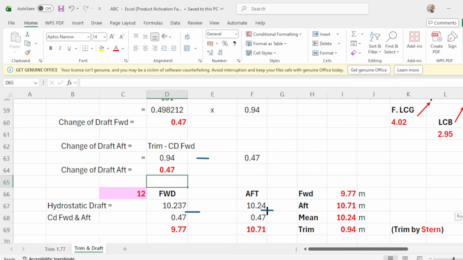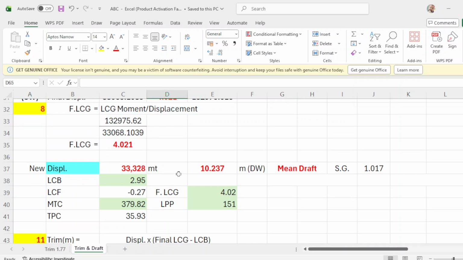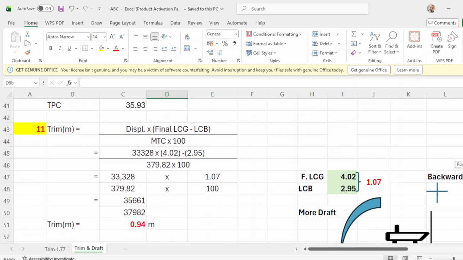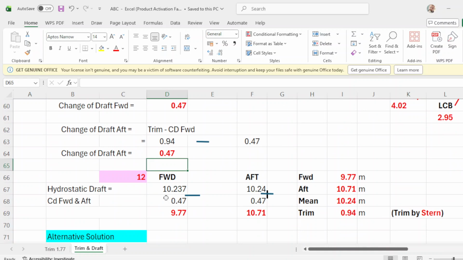Okay, I'll go up, show you. So with this displacement, this is your corresponding mid drop of 10.237. So you put here forward drop of 10.237. You could put this like this if you want.